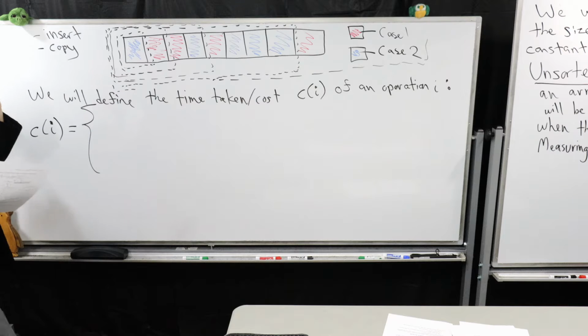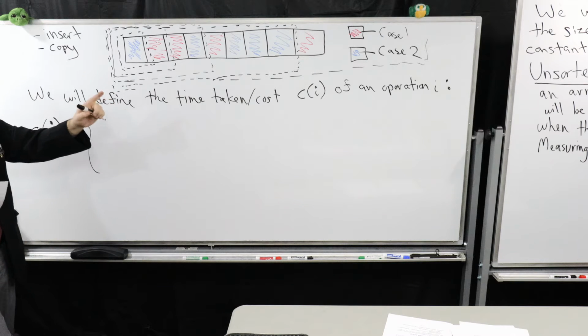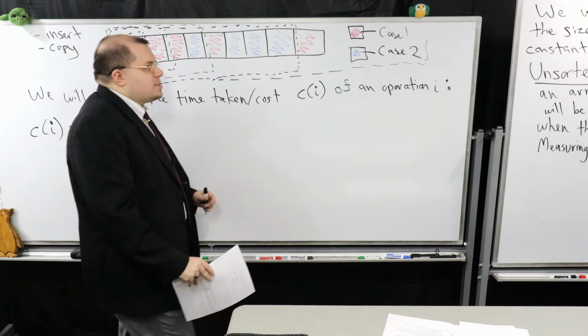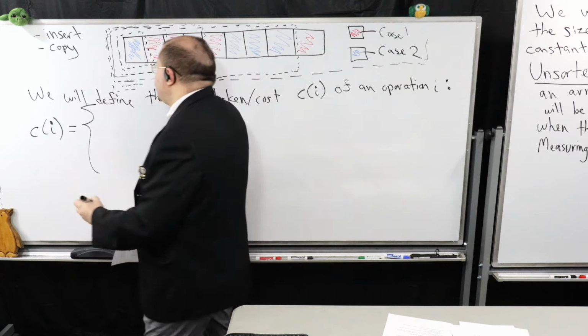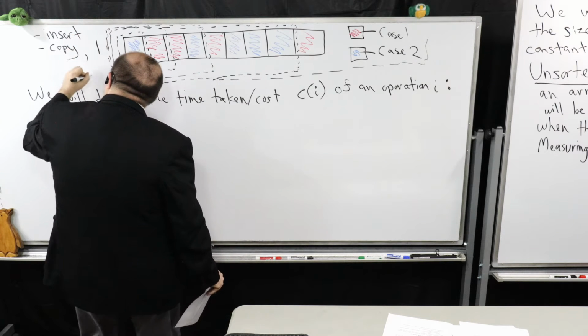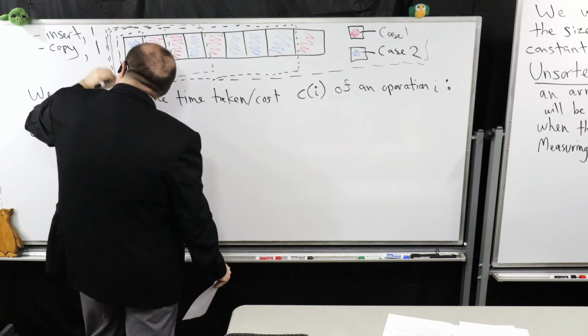And now I want you to notice something that's rather interesting. Let's start off first with the blue squares, case 2. Suppose that the cost of performing a copy is 1, and the cost of performing an insertion is 1.